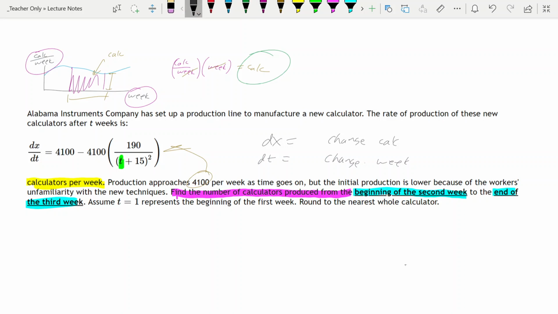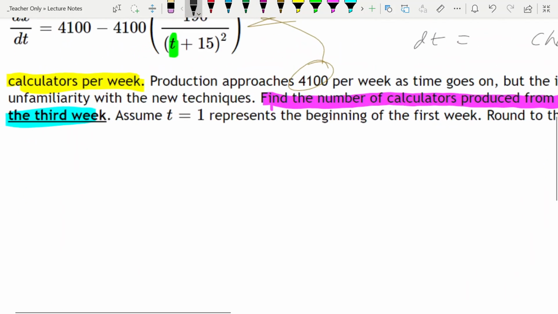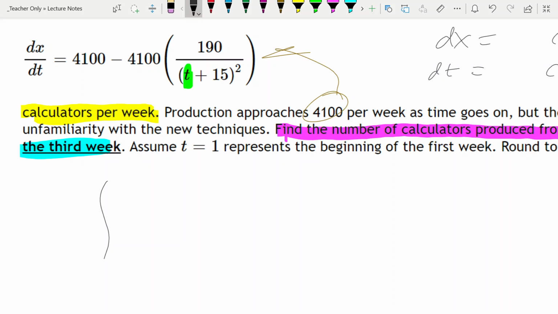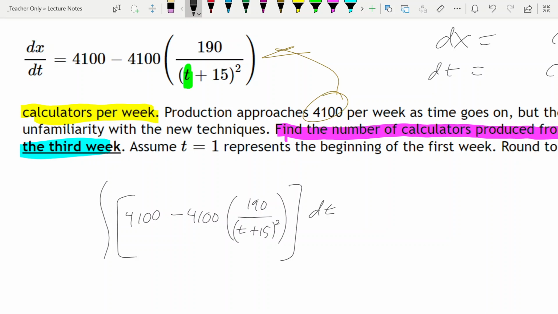So we're going to integrate this function because that will give us the number of calculators. So we're going to integrate 4,100 minus 4,100 times 190 over (t plus 15) squared, dt.